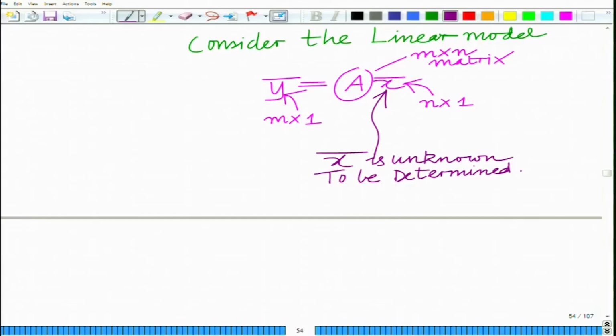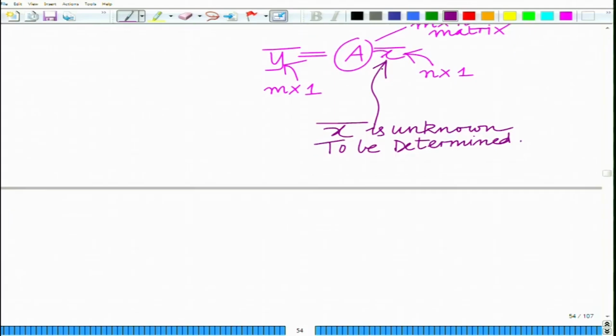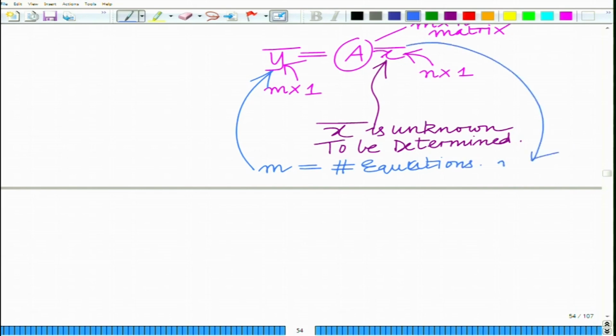If m is the number of rows and n is the number of columns of A, then m is basically the number of equations, it is the dimension of y. So, m equals the number of equations, and n equals the number of unknowns.